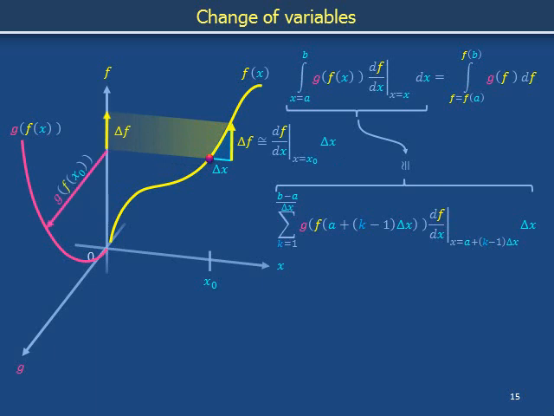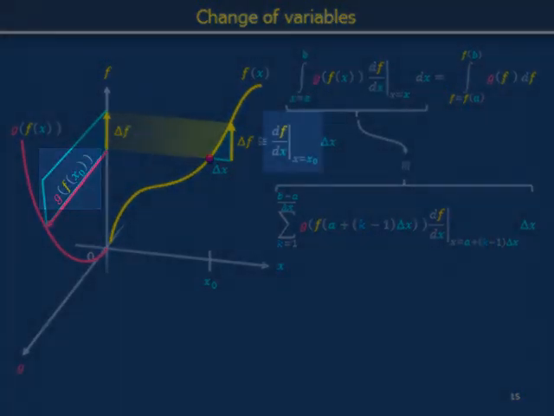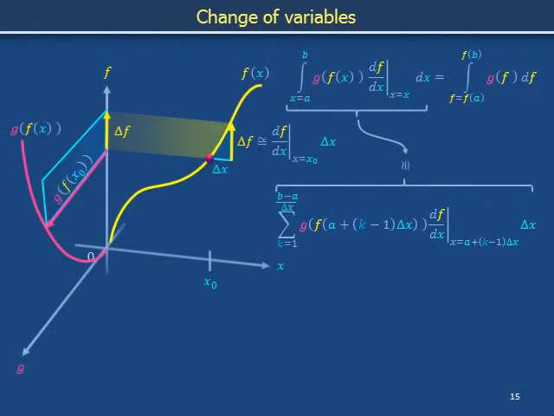The value of g of f of x evaluated at the tail of the yellow arrow is g of f of x0. The area of the rectangle is the product of its pink length, g of f of x0, times its yellow length, which is delta f, or more explicitly, df dx times delta x. These three objects, g of f, df dx, and delta x, are those objects that appear within the sum.